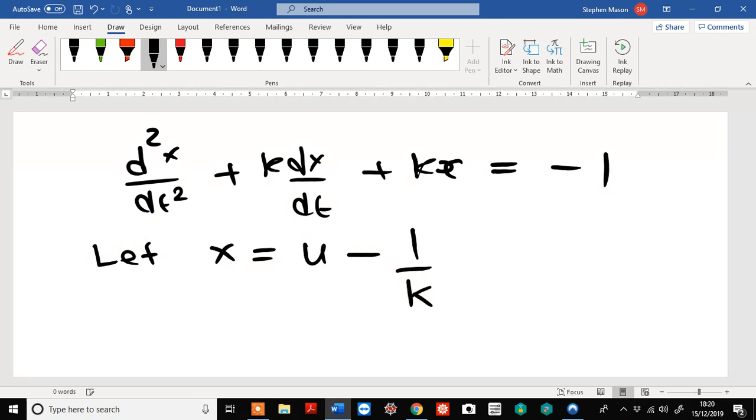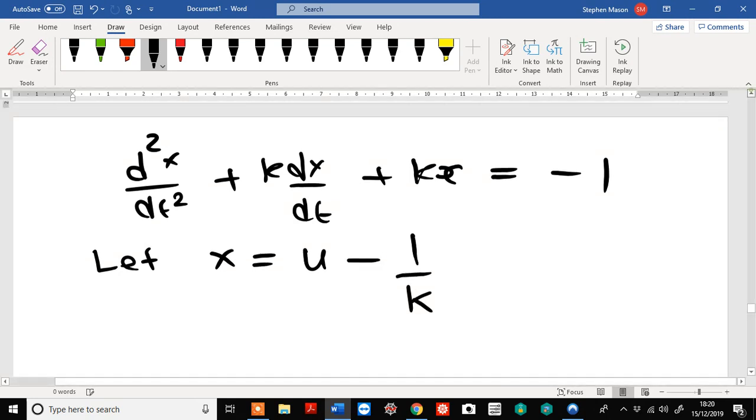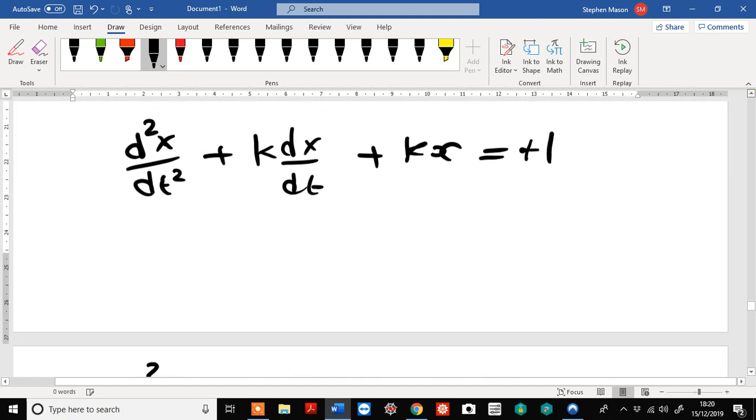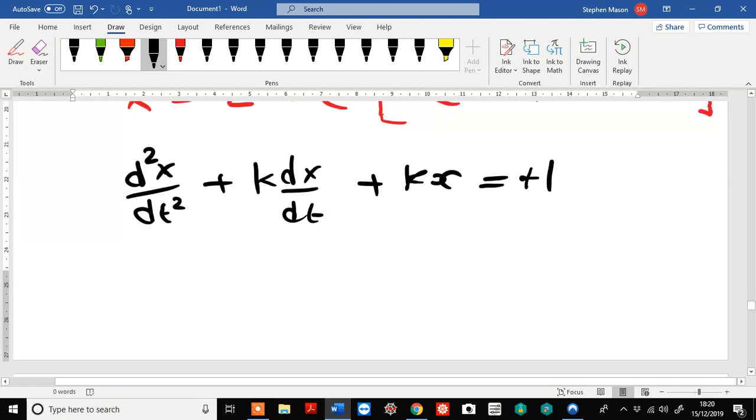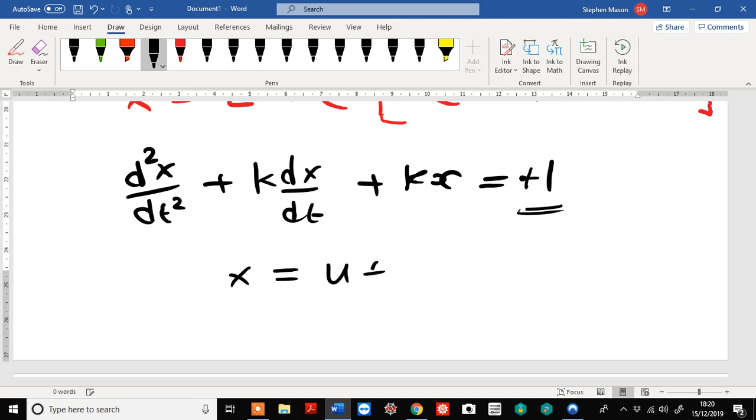Do you remember, for the equation where the right-hand side was plus 1, we used x equals u plus 1 over k. And that worked.